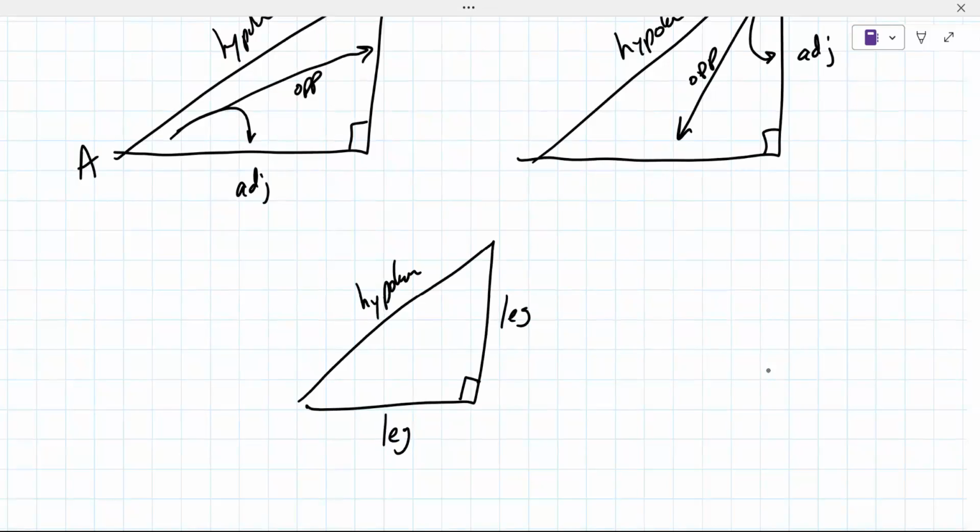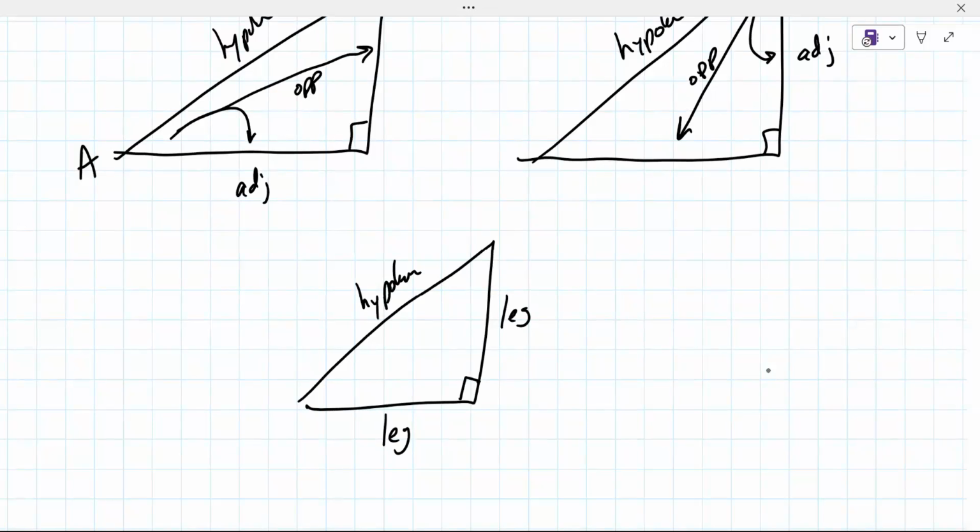Well, the hypotenuse is always the longest side. The legs are what switch between adjacent and opposite depending on perspective.